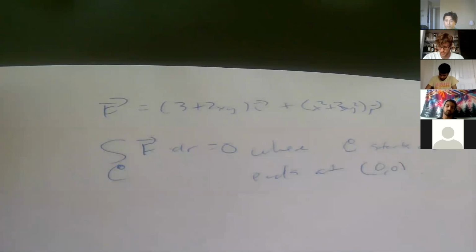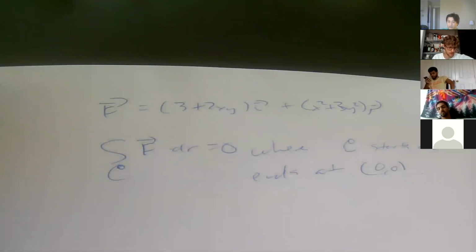Wait, how do you quickly check again? By taking derivatives, right? Take the derivatives. If they match on a nice region, conservative. If they don't match, not conservative. All right. Okay. Cool.